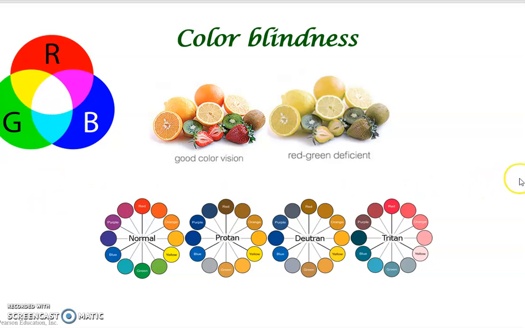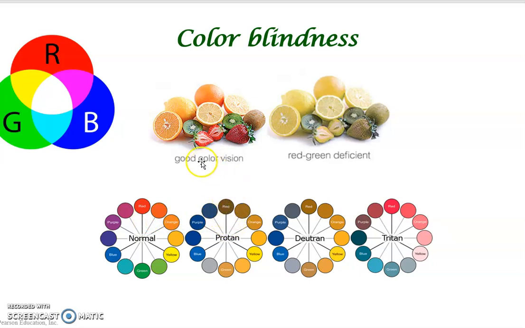If your eye is red deficient, so-called protanopia, then compared with a normal eye, the red light signal cannot be transmitted smoothly in your eyes, so things look more like green or dark green.